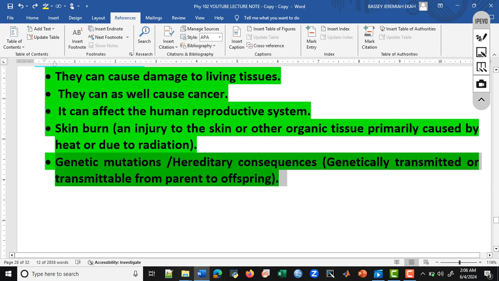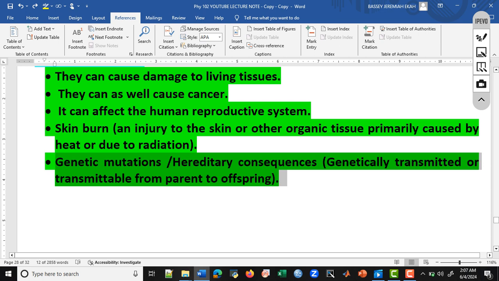When we talk about genetic mutation, it has to do with hereditary, genetically transmitted or transmittable form from parents to offspring.